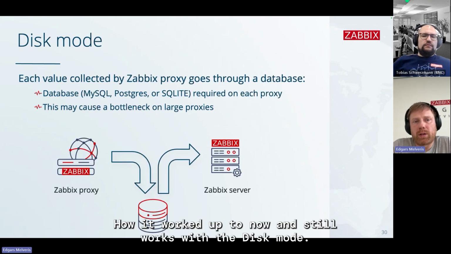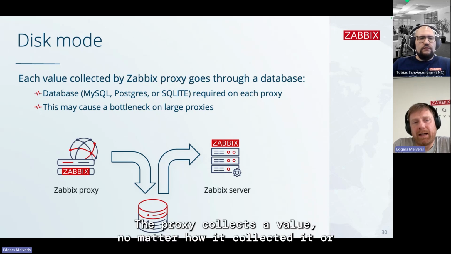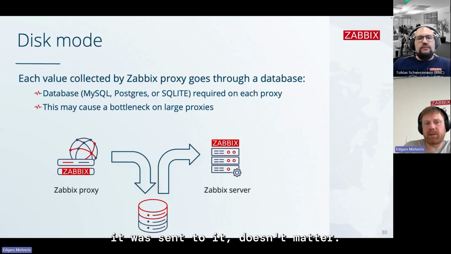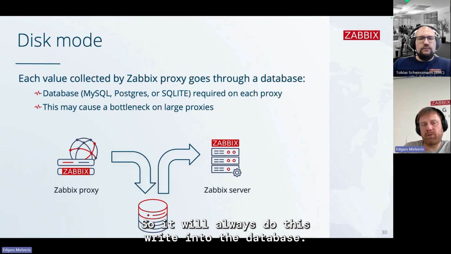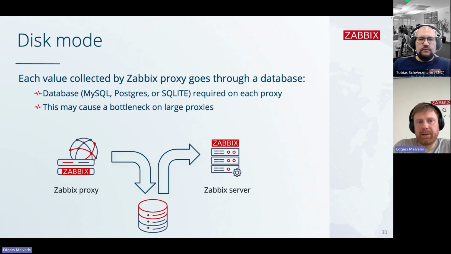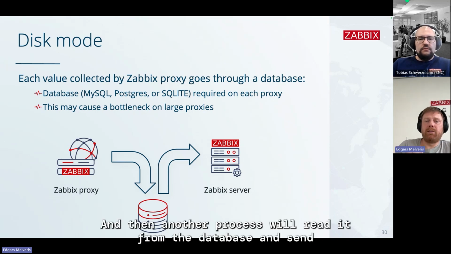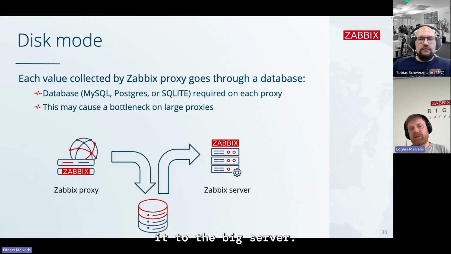So how it worked up to now, and still works with the disk mode: the proxy collects a value, no matter how it collected it or how it was sent to it. Then it will pre-process it, and then it will save it into the local database. So it will always do these writes into the database. Then another process will read it from the database and send it to the Zabbix server.